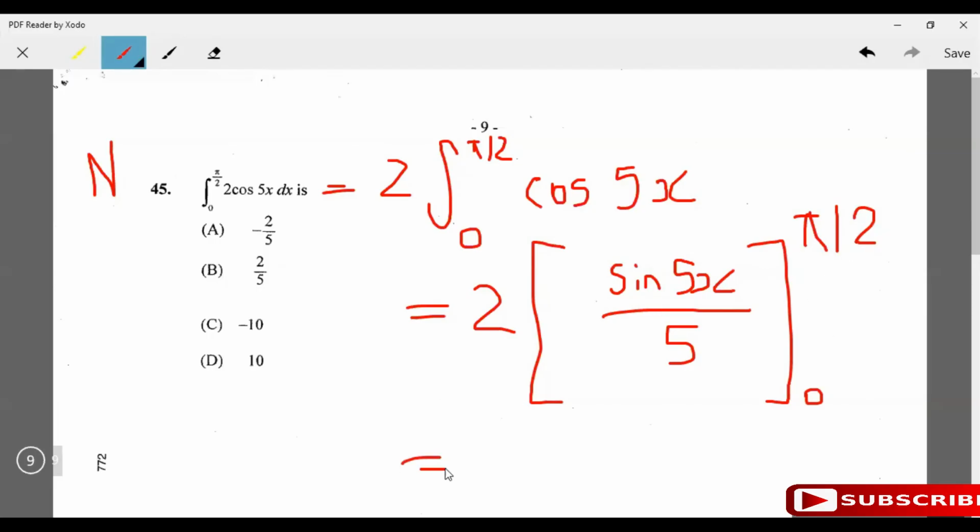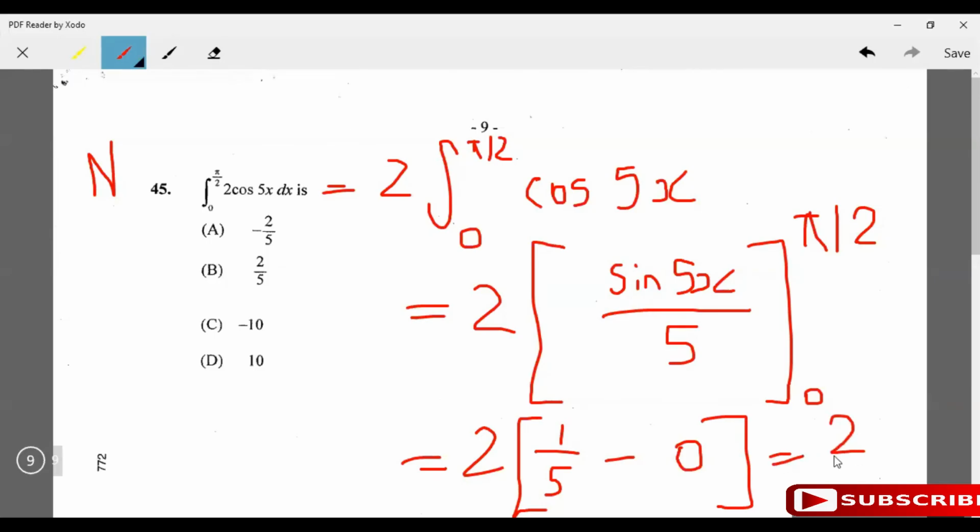It works out to be 2 times the sine of 5 pi by 2 over 5, which is 1 over 5, minus the sine of 0, which is 0. So this works out to be 2 times 1 over 5, which is 2 over 5. So that looks like option B.